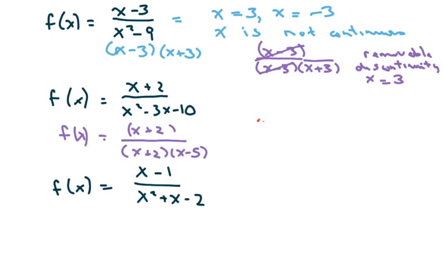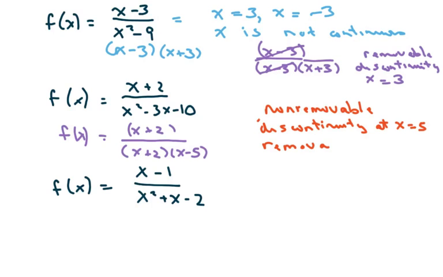Or we can just say it has a non-removable discontinuity at x equals 5 and a removable discontinuity at x equals negative 2, because I could cancel those out.